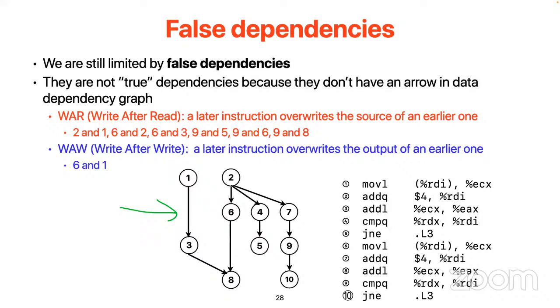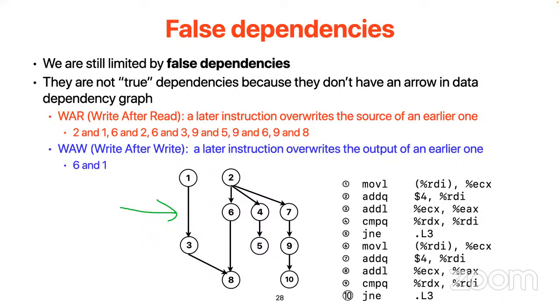If I try to write a register value after an instruction, I have two more types of dependencies that put constraints on the capability of reordering instructions.